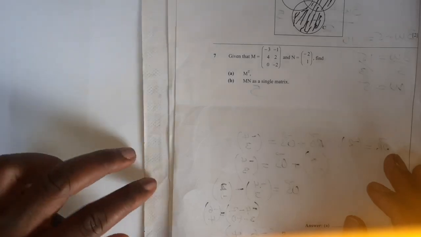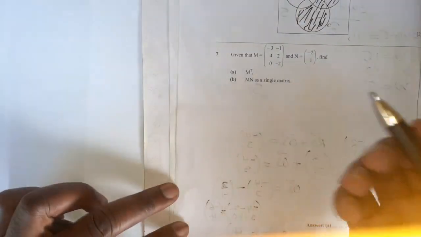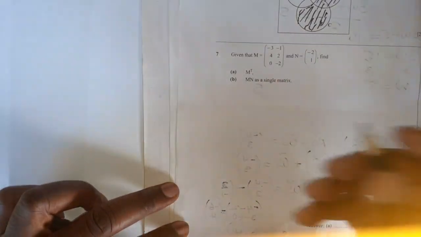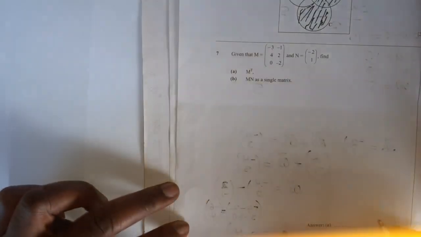Given that we have those two matrices, M and N, for the first one we need to find the transpose. MT is the transpose of M. How do we transpose? The rows will become columns. So you transpose that matrix where the rows become columns.